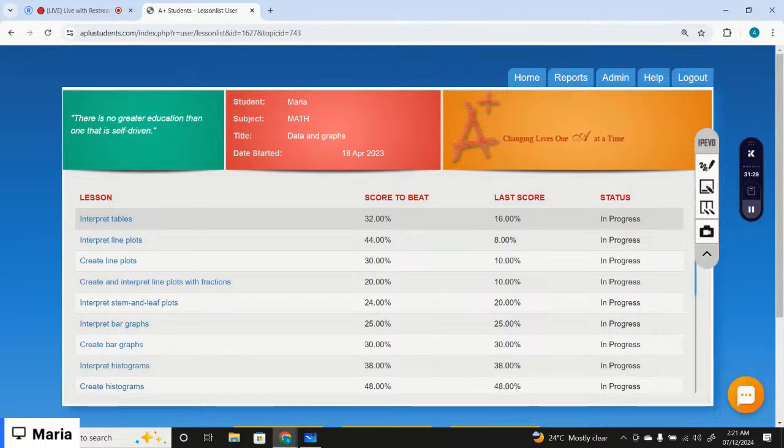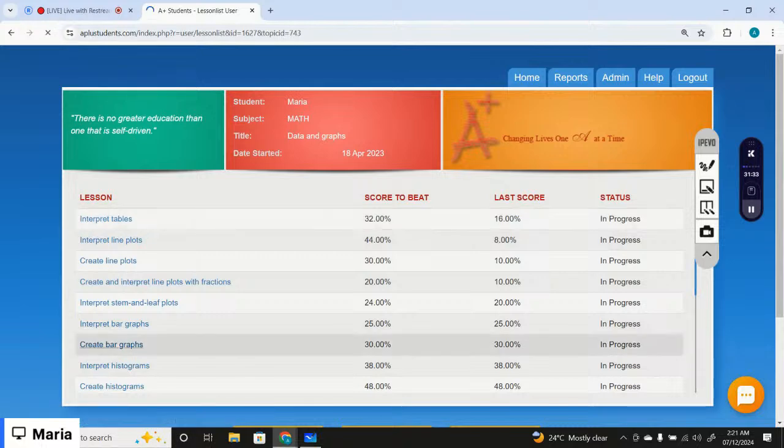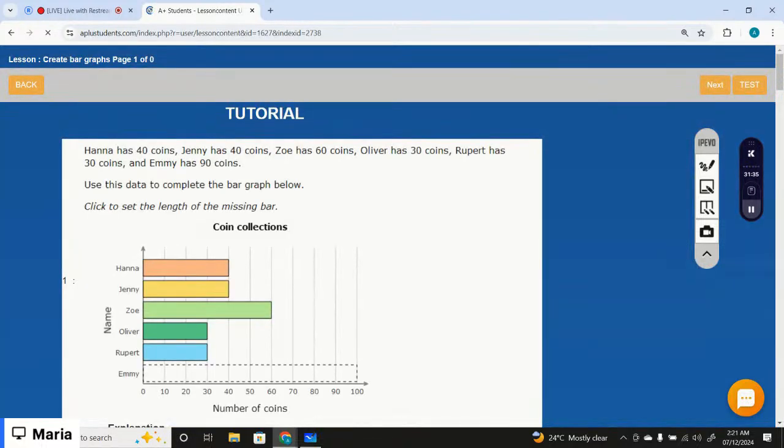The next lesson is create bar graphs. Let's just start with the next lesson. Hannah has 40 coins, Jenny has 40 coins, Zoe has 60 coins, Oliver has 30 coins, Rupert has 30 coins, and Amy has 90 coins.